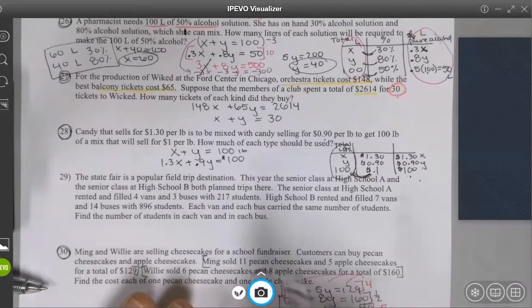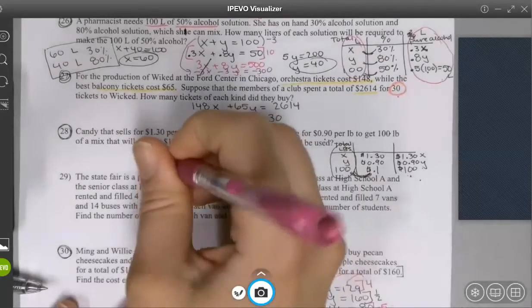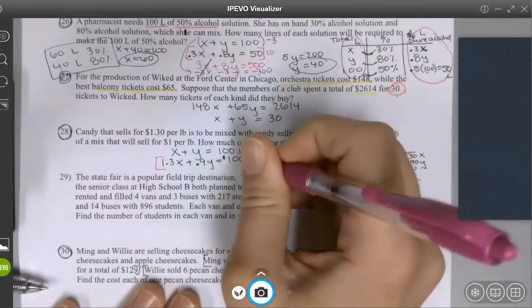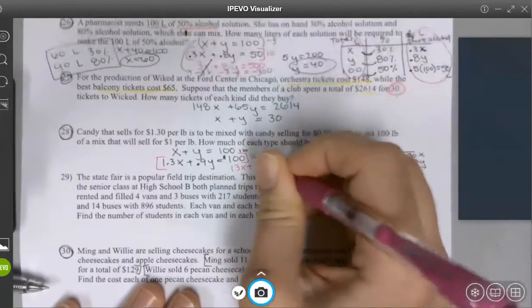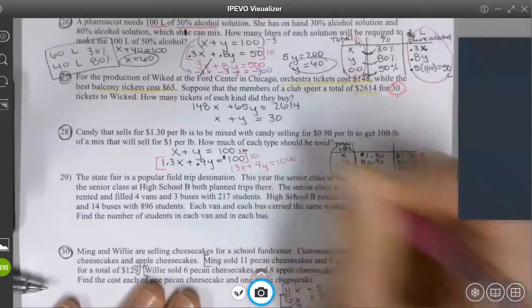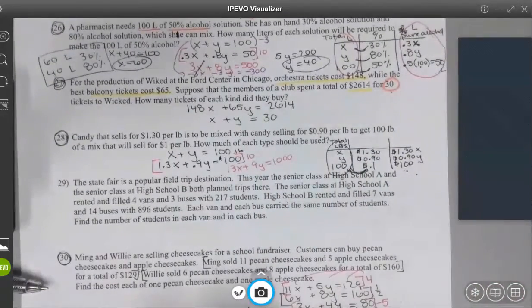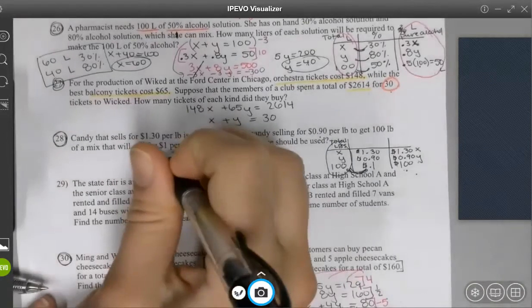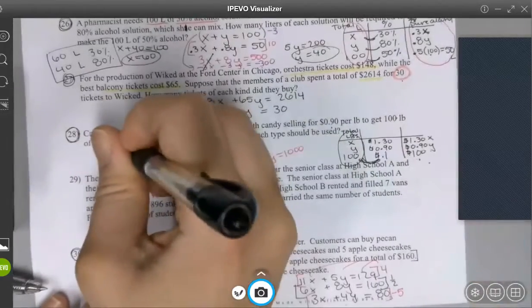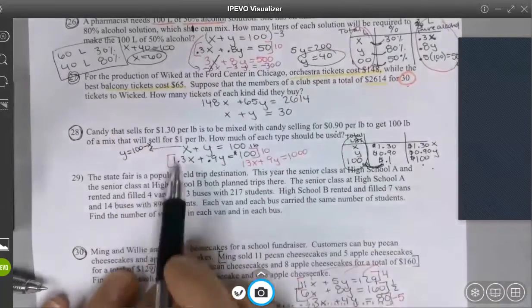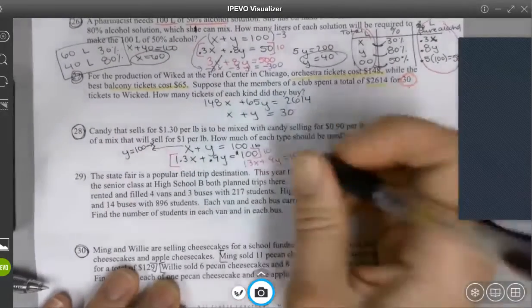Okay. So then same idea, I get rid of my decimal first. So I multiplied by 10 and got 13x plus 9y equals 1,000. And then in my key, I did substitution. So I said y equals 100 minus x, and then I plugged that in.